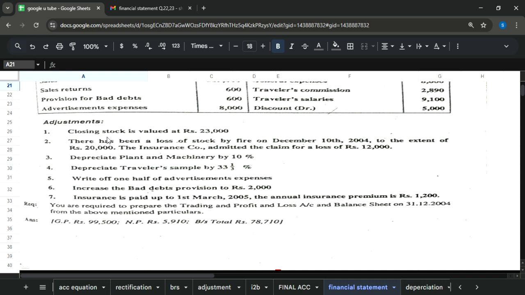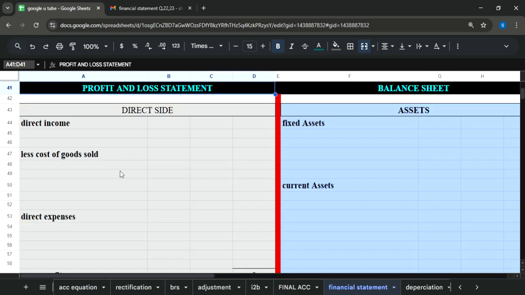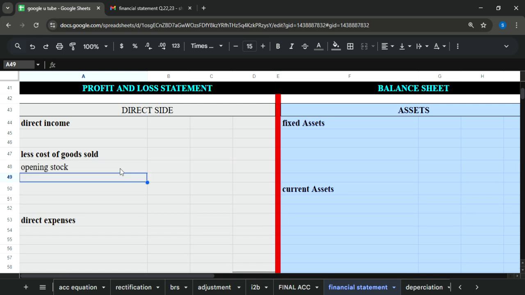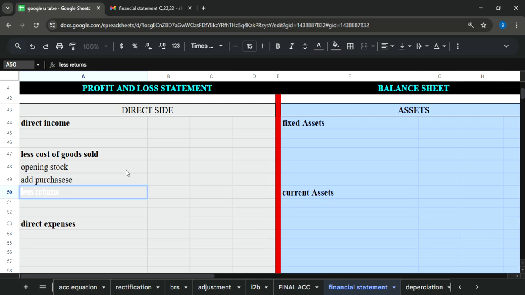Adjustment number one, closing stock. You do know that closing stock is part of the cost of goods sold statement. So here, opening stock, add purchases, then less returns, and then we have closing stock, and I have written all expected elements of cost of goods sold.